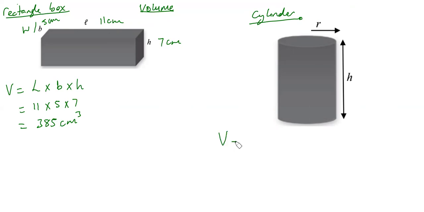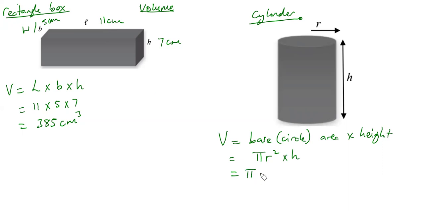So volume here is going to be our base, which is a circle, area times height. Now, what is our base area? Base area is pi r squared, which is the area of a circle, times h. So we call it pi r squared h. That's how you get the volume of the cylinder.